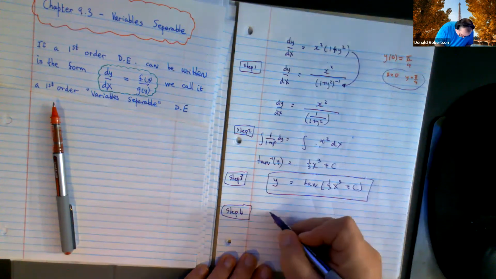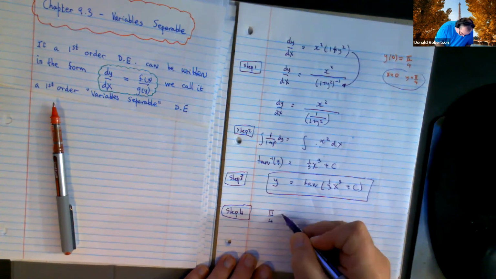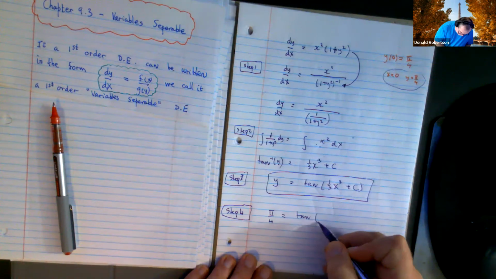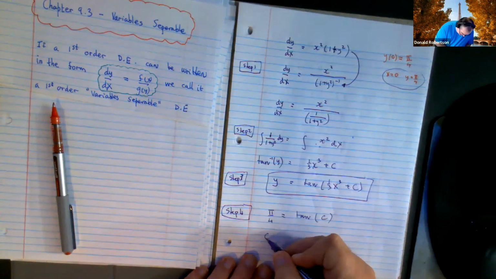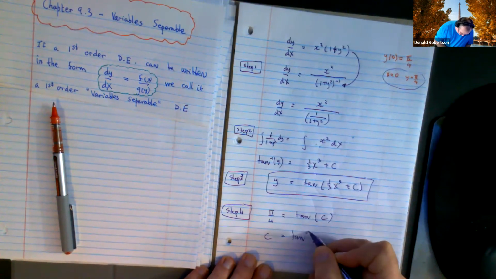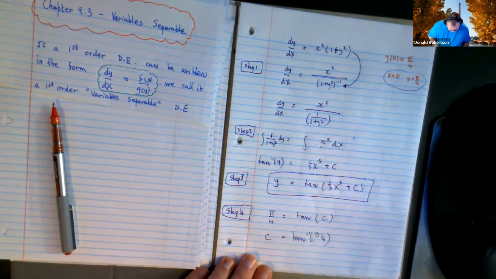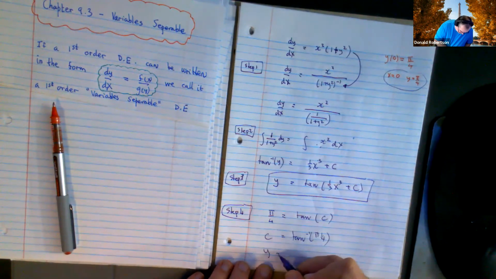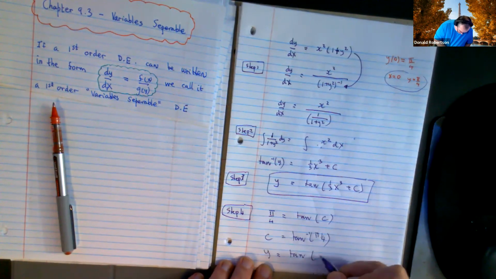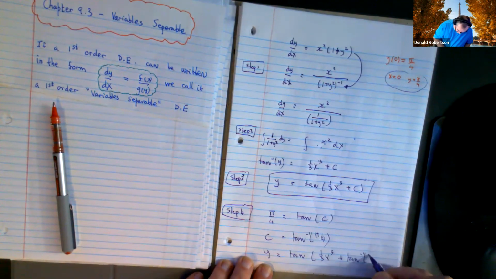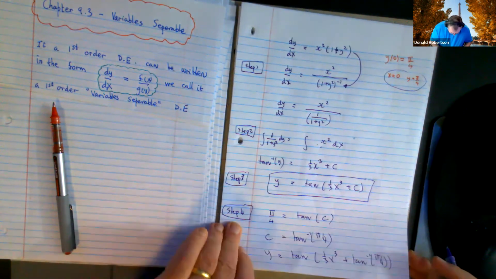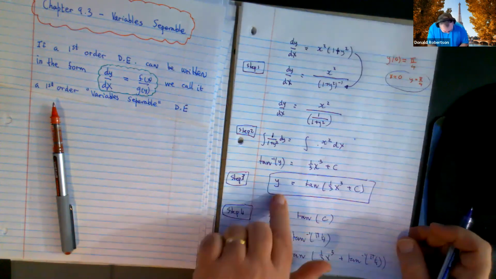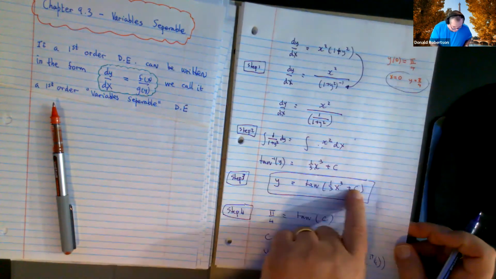So y is pi upon 4, and it's the tangent of c. And that makes c then the inverse tangent of pi upon 4. And so our solution would now be the tangent of 1/3 x cubed plus the inverse tangent of pi upon 4. So that step 4 won't happen today, but you will see it tomorrow. We would finish on this line here.